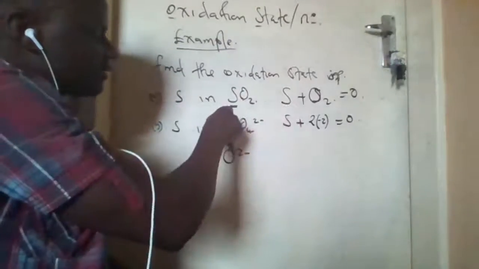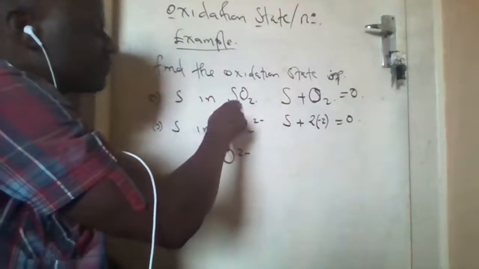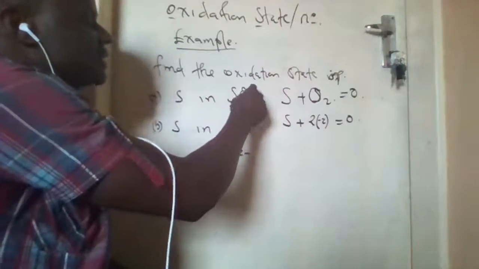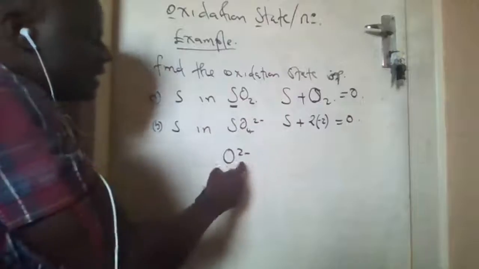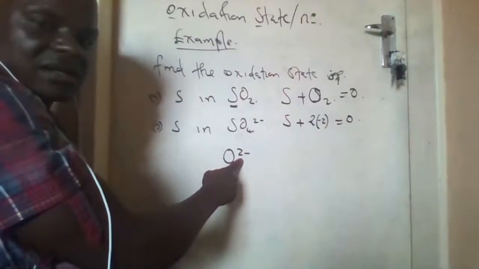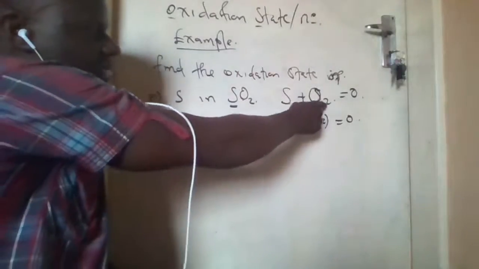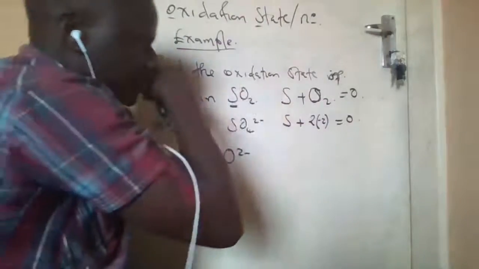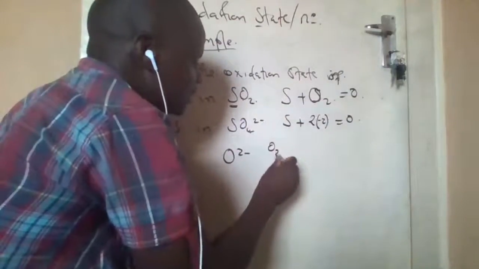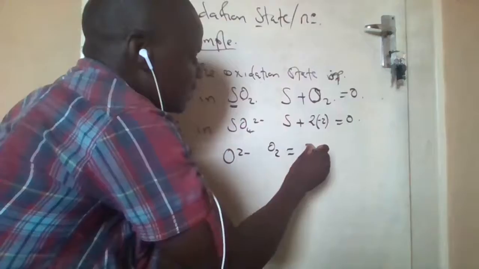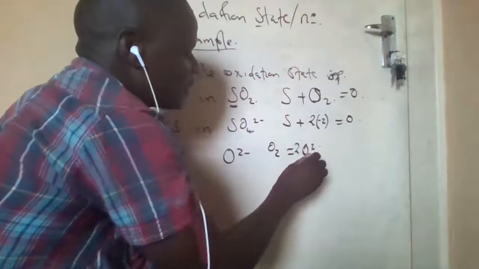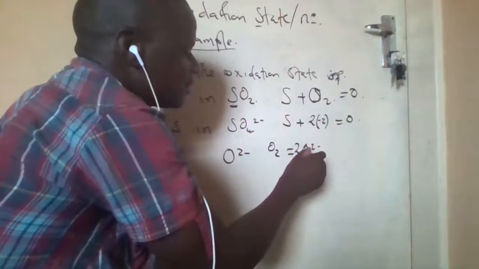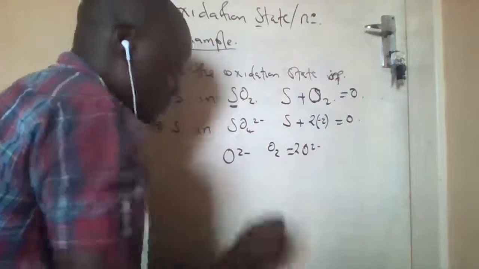The oxidation state of sulfur plus the oxidation state of the 2 oxides must give us 0. The overall must give us 0. That's why I've put a 2 minus here, but there are 2 of them.